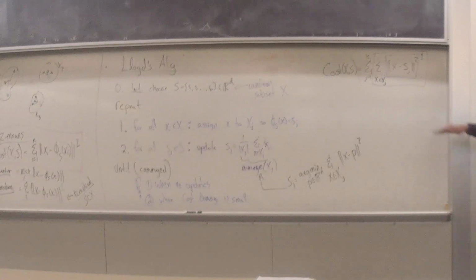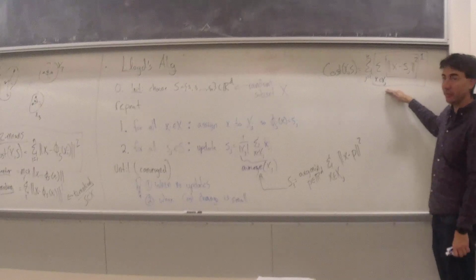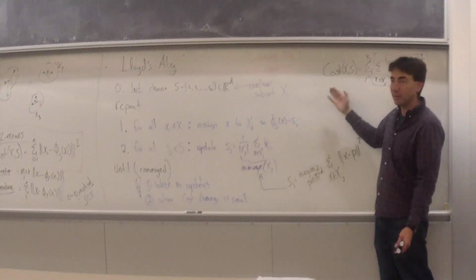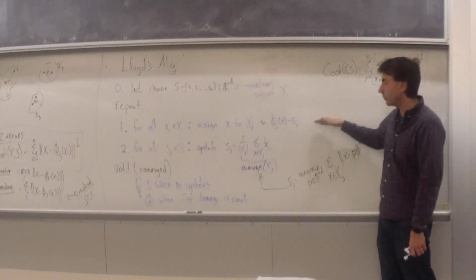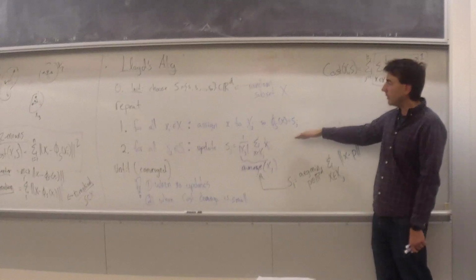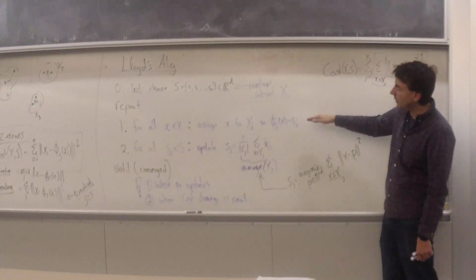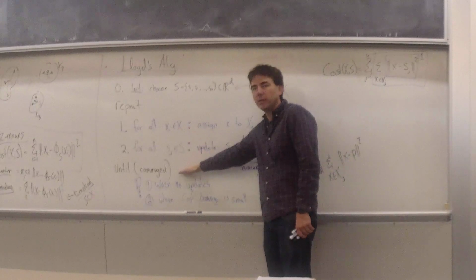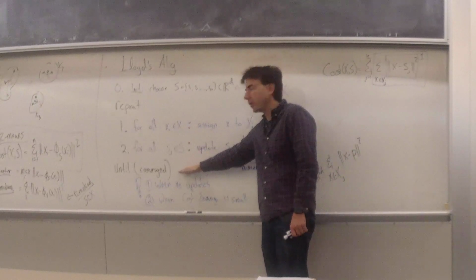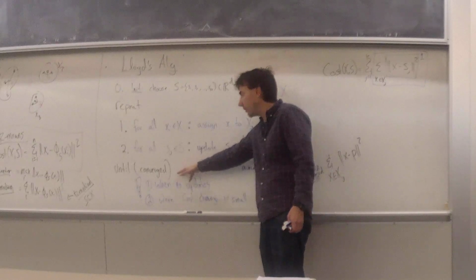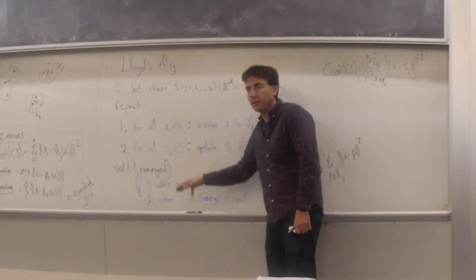Okay, so what are the implications of this? This means that step 1 decreases the cost, or keeps it the same if I might be close to converging, and step 2 decreases the cost. So that means every time I get to the bottom of this loop, either the cost has stopped, or the cost has decreased.